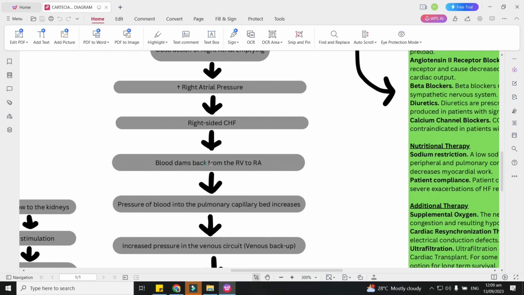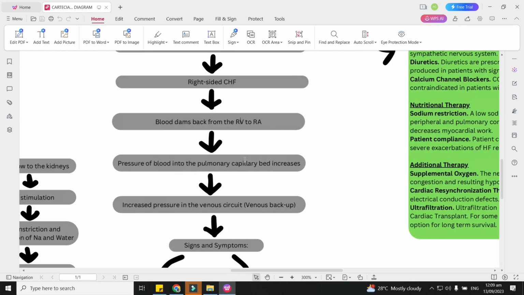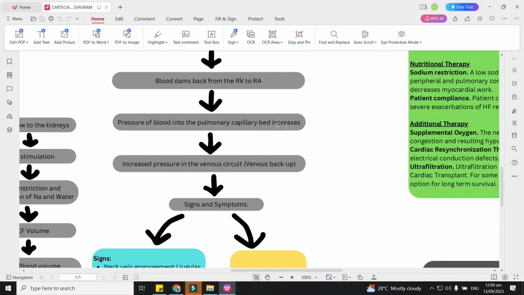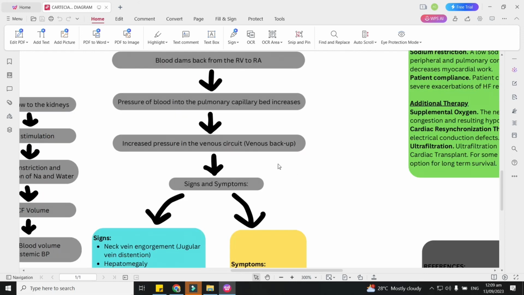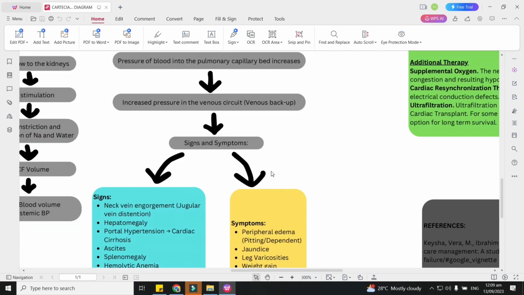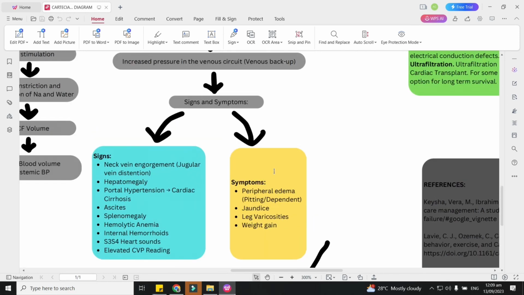So it dumps back from the right ventricle to right atrium, and then when that happens, there is a pressure of blood into the pulmonary capillary bed. So it increases. And when that happens, there is an increased pressure in venous circuit or venous backup. And then when that happens, the following signs and symptoms will manifest.